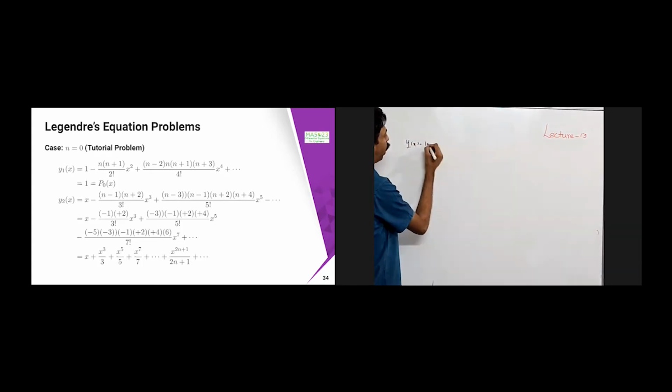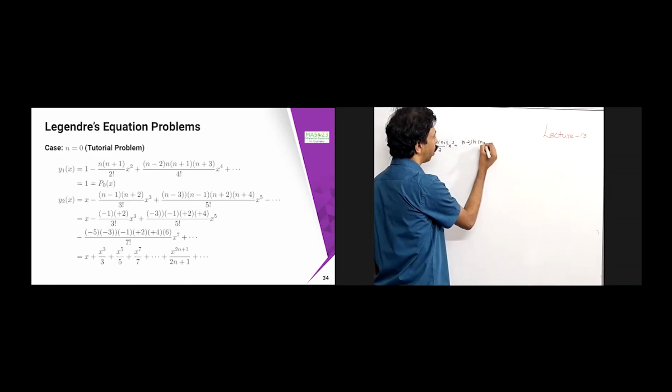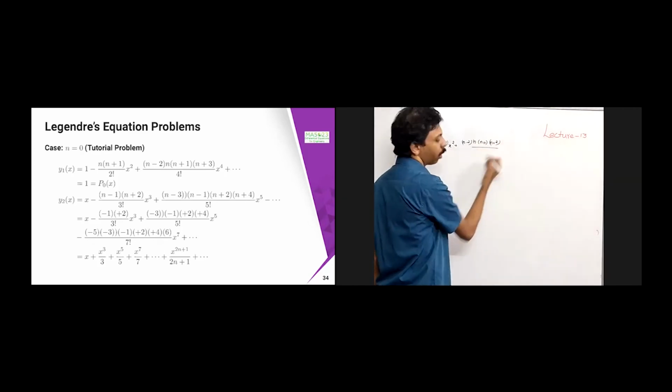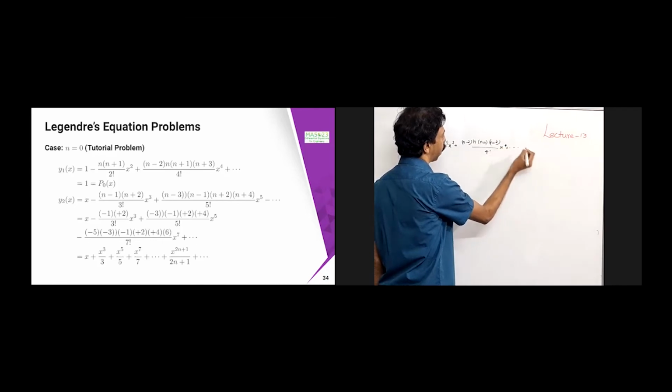In that case y1 of x is going to become 1 minus n into n plus 1 by 2 into x square plus n minus 2 into n into n plus 1 into n plus 2 divided by 4 factorial into x power 4, etc. This is our y1 of x.